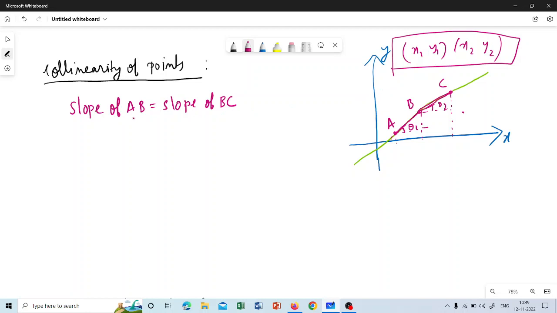Similarly, if there are 4 points and you want to find whether they are collinear or not, then another condition you have to add: slope of BC is equal to slope of CD. In a similar way, you can do this for so many points. This is the condition of collinearity. This is a very obvious result.